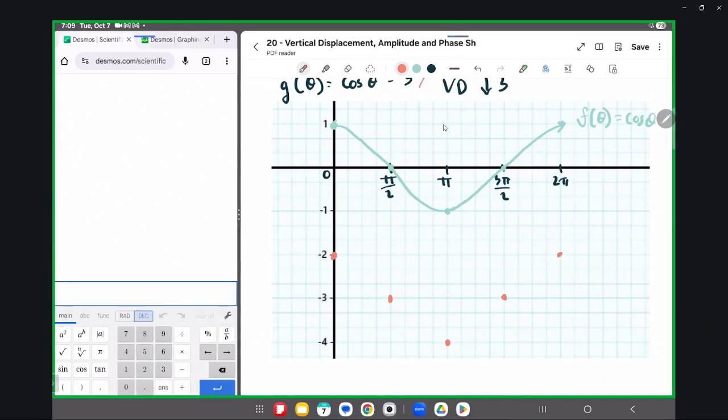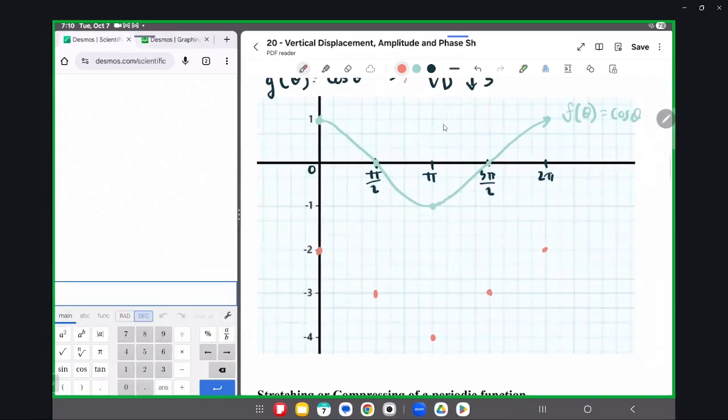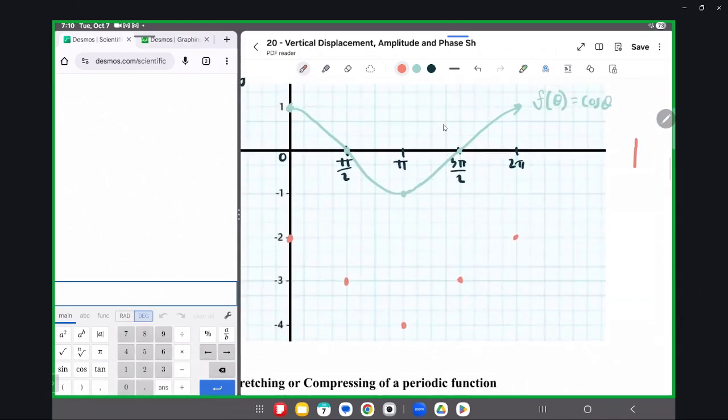If you so need to, you can also type this into the calculator. So you could make a table of values to help you do this. So here's, say, cos of theta minus 3. And you would choose the regular values we know from before. Note that this won't always help you, but for this one it will.